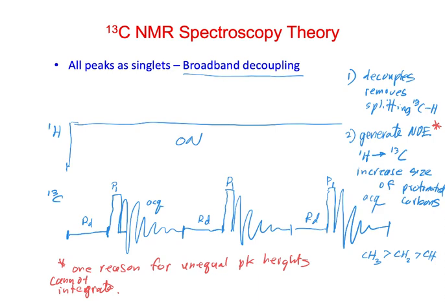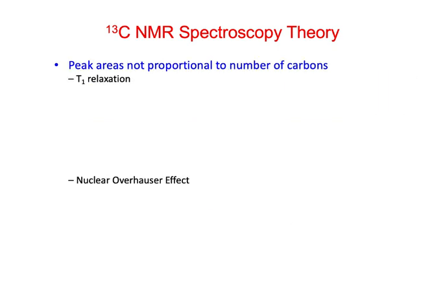Okay, so the other main reason for this differential peak height has to do with the relaxation. The T1 relaxation is highly variable in C13 for the carbon atoms.